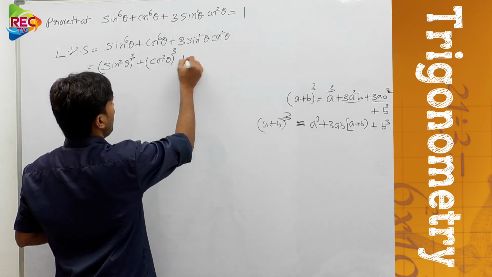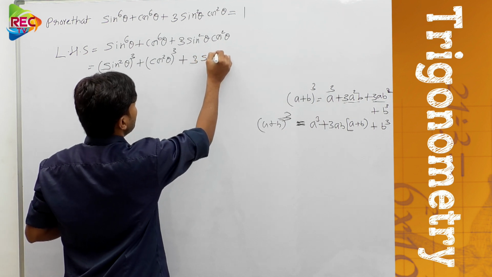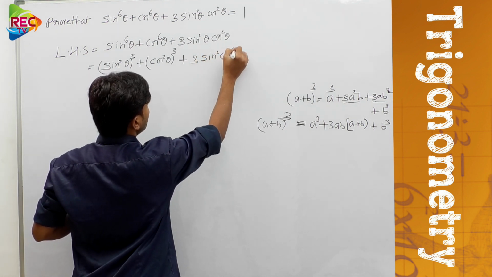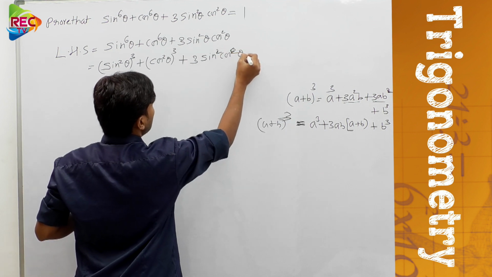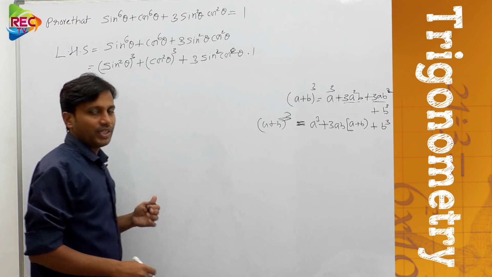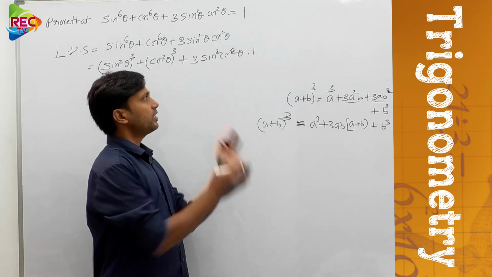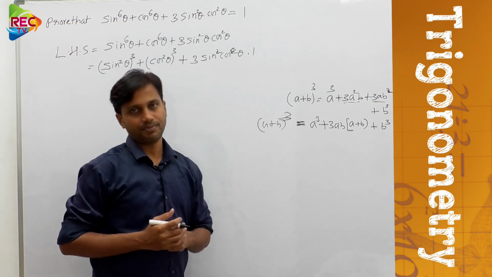Now I want to write this 3 sin square theta cos square theta into 1, because when you multiply with 1, it remains the same. So I just want to adjust this as 1.